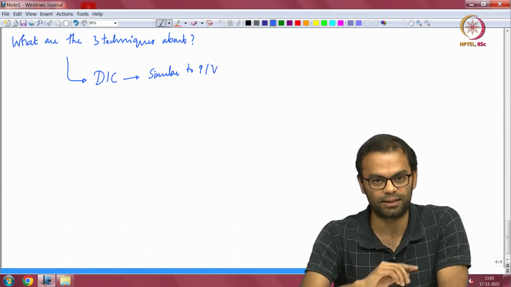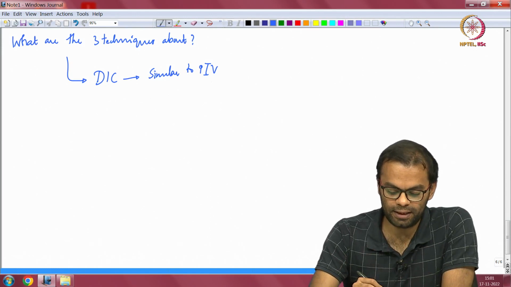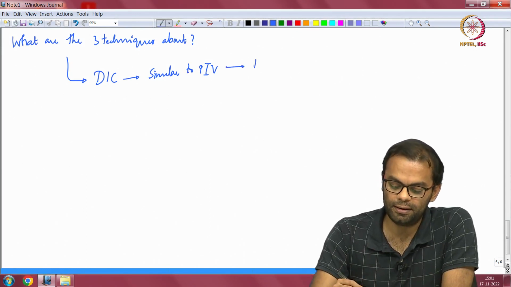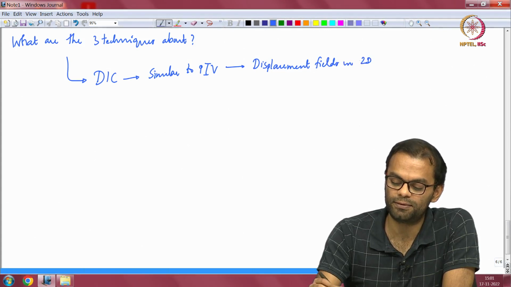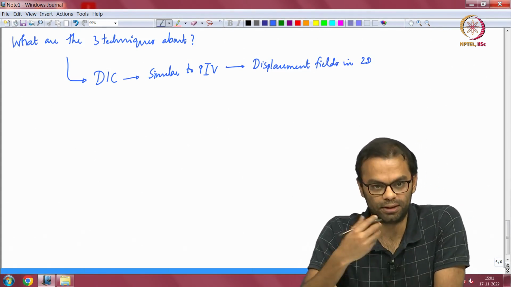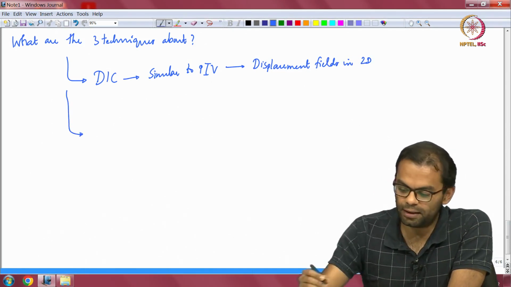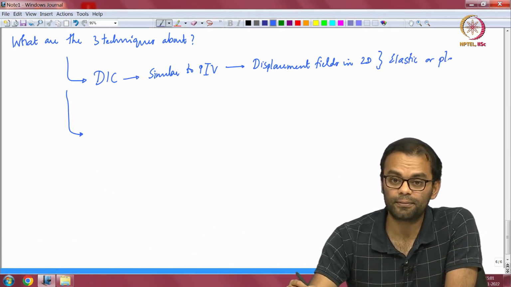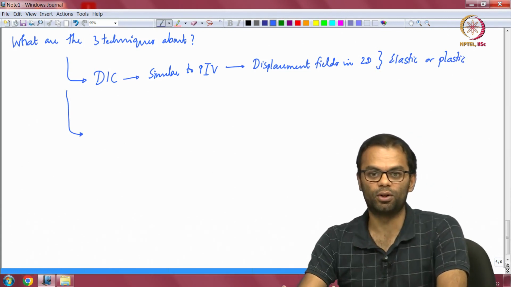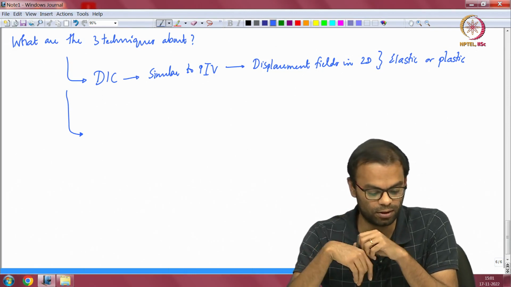There are some differences, we will start discussing that today, but it is really our segue into determining displacement fields in 2D. So, 2D displacement fields in a solid, we will use this method called DIC to determine. And again, here it does not matter, it can be either elastic or plastic, does not matter which displacement field you are talking about or what the state of stress is, is it below the yield strength, is it above, and so on.